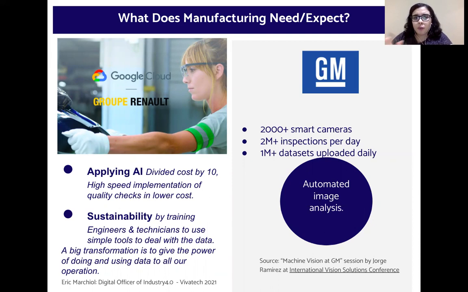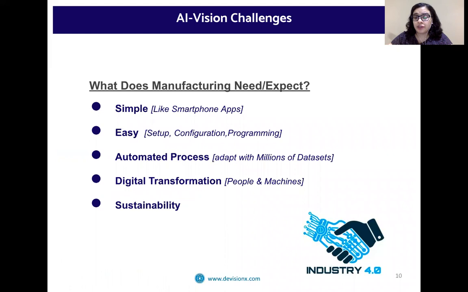So what manufacturing needs or expects is to assemble solutions or simple tools to use without experience, and to be easy and simple, like using the apps on a smartphone, and also an automated process that can be adapted to the millions of datasets that can be uploaded daily.